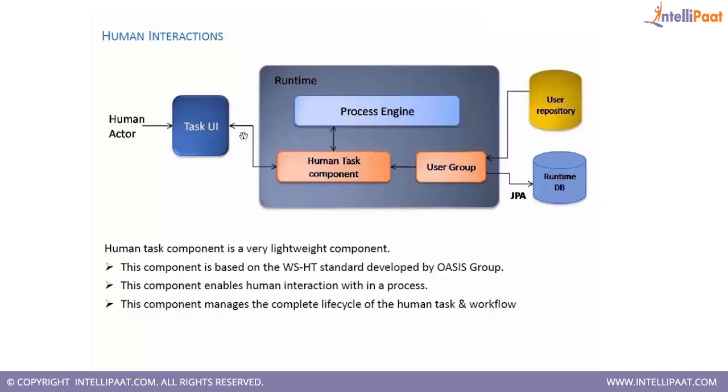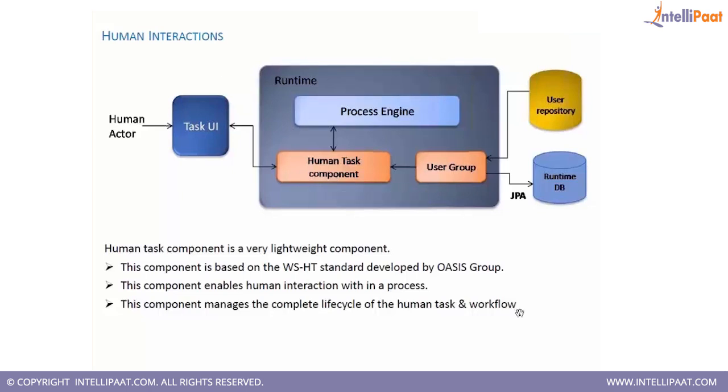So the different components that are involved in this human interaction are: we have a task UI. That's the UI which the end user or the human actor is going to interact with the data. So data is going to be shown in the UI, and user input is going to be captured in the screen and brought back to the human task component.